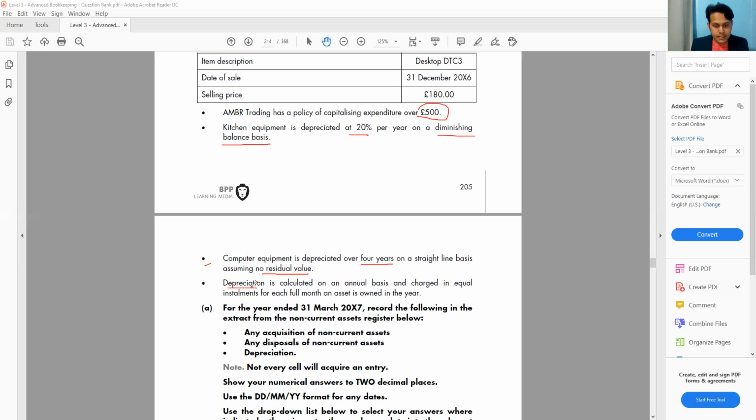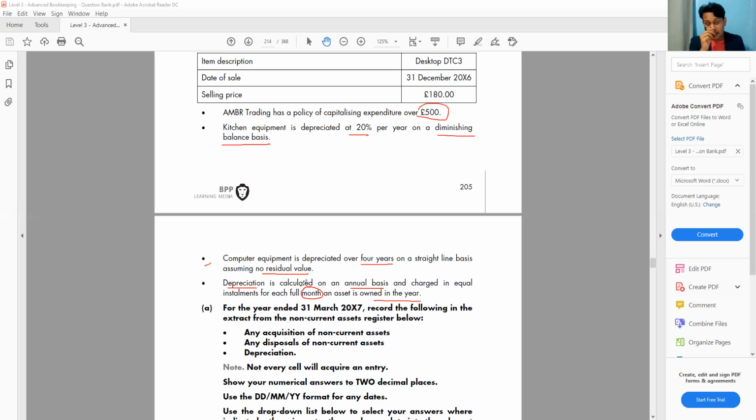Depreciation is calculated on an annual basis. So we calculate the depreciation year by year and charge it in equal installments for each full month an asset is in its life. That means if I sell an asset in the middle of the year, I have to calculate the depreciation for 6 months.